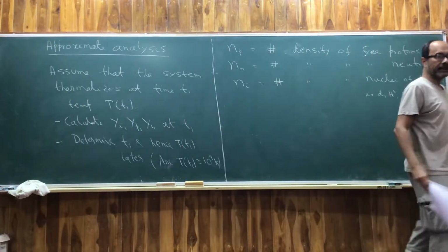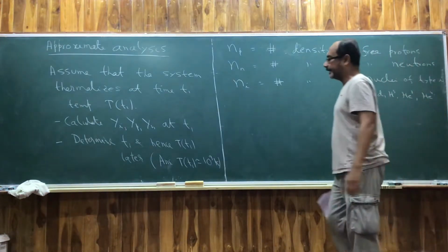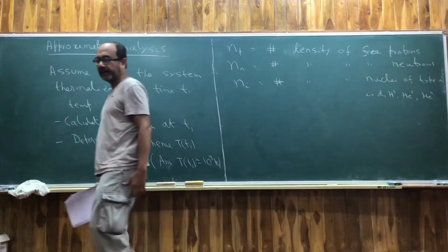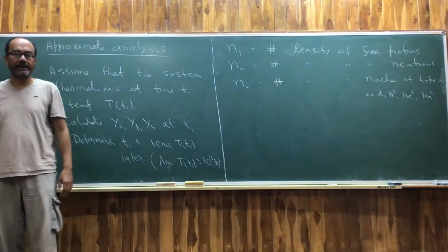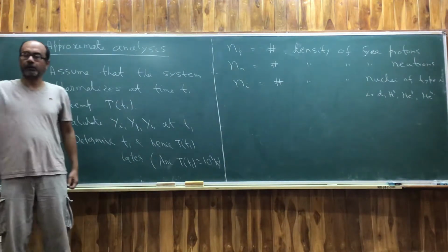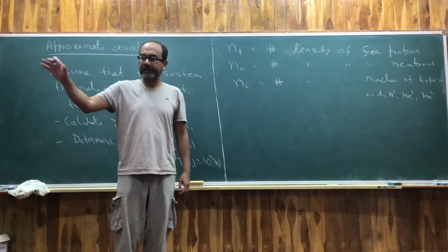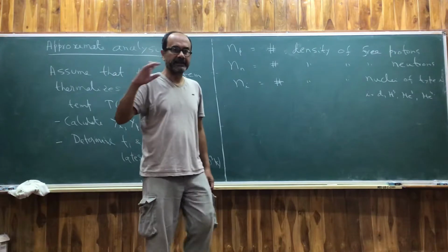So there are two conserved charges. Once the system starts, weak interactions have gone out of equilibrium, so you are not worrying about weak interactions at this stage. At the time T1, weak interactions are of course responsible for why Xn was changing earlier, but at time T1 we are saying that that process stops.